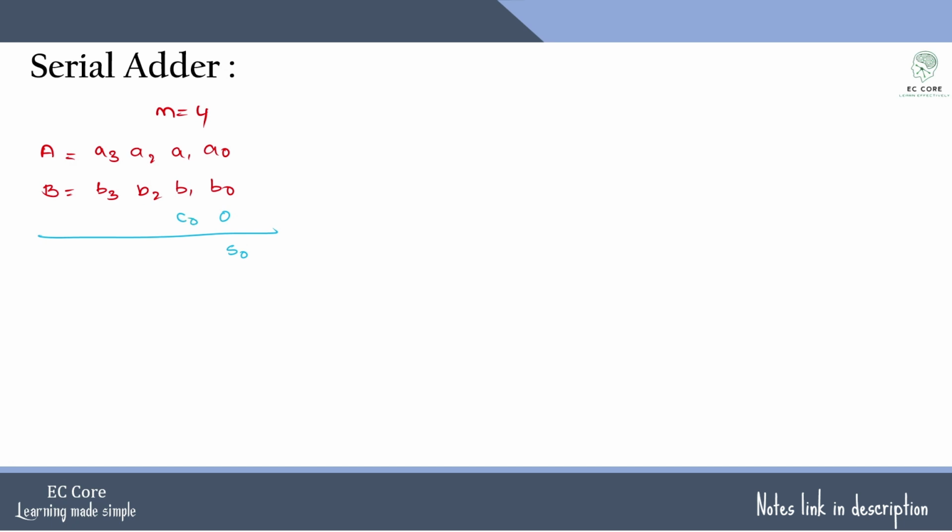Then the next sum will be S1 and again this will produce some carry, C1. A2, B2 plus C1 will produce S2 and carry C2, and then S3 and carry C3. So when we perform addition between A and B of 4 bits, we get C3, S3, S2, S1, S0 as output.